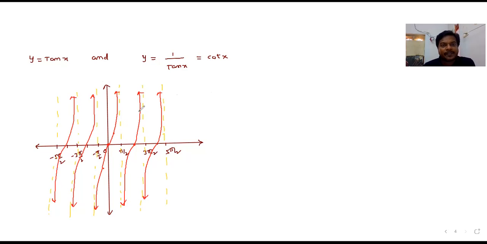Next, I'm going to write the domain. Clearly, the domain is R minus odd multiples of pi by 2, that is, (2n plus 1) pi by 2, such that n belongs to Z. Next, range.